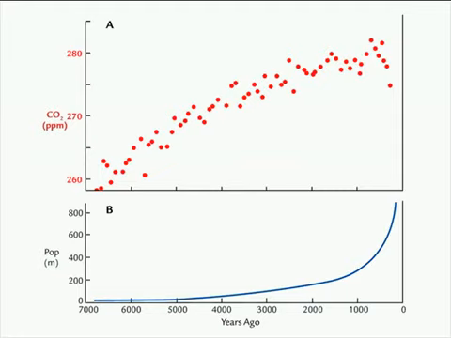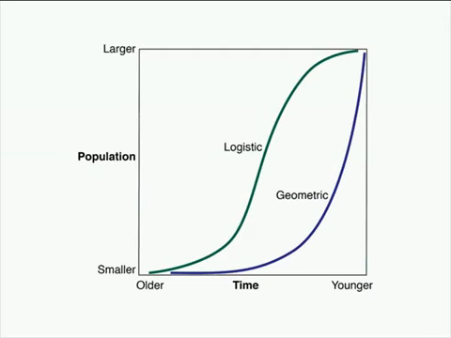The next slide repeats the geometric cartoon, somewhat different time scale, but it also shows a trend labeled logistic, and you notice that population comes up much earlier and then levels off. Well, the logistic population curve is one that's widely used by ecologists and paleoecologists, and what they assume is that growth rates are fastest early on when resources are abundant.